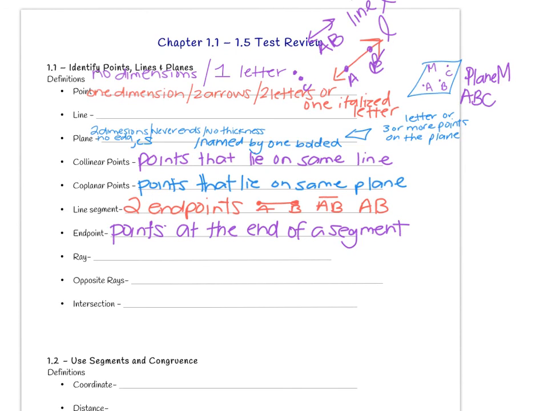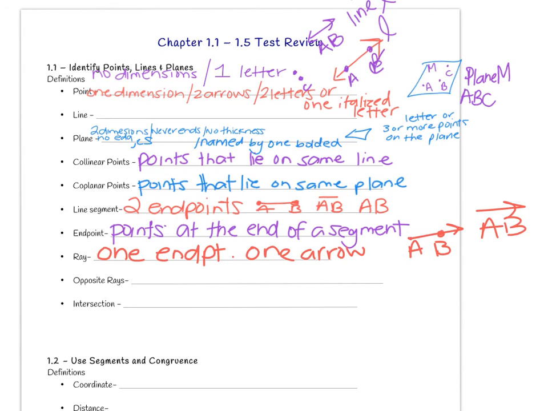So Leah, what's a ray? Good. One endpoint, one arrow. And the order of the letters is important with a ray, not with a segment, not with a line, not with a plane, but they are important for the ray. So if I was going to name this, which one gets the arrow? The B. So this would be ray A, B. Whichever one is closest to the arrow, the other one's going to get the dot, right? So the other one would be the endpoint.